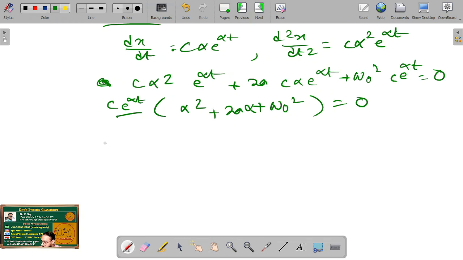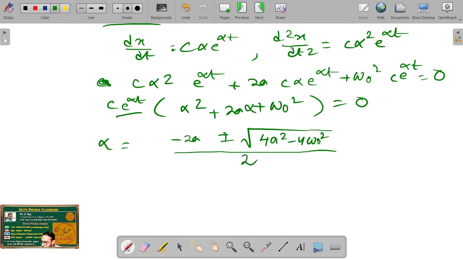So the solution for alpha would be alpha equals minus 2a plus or minus root of (4a square minus 4 omega 0 square), whole divided by 2, or minus a plus or minus root of (a square minus omega 0 square). So alpha has two roots: minus a plus root of (a square minus omega 0 square), and minus a minus root of (a square minus omega 0 square).